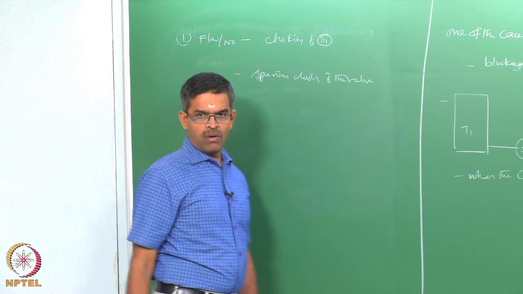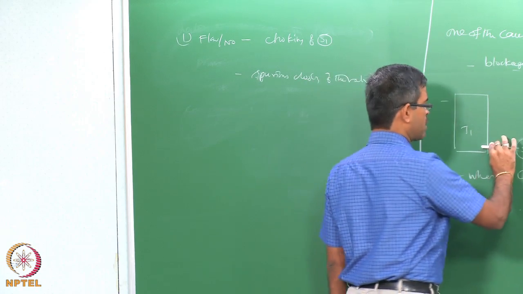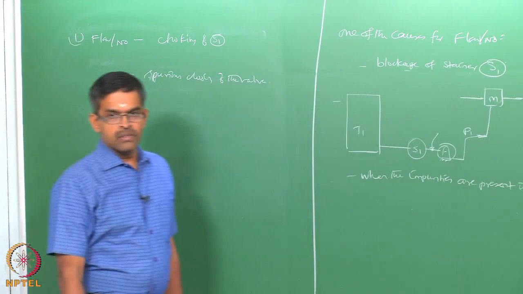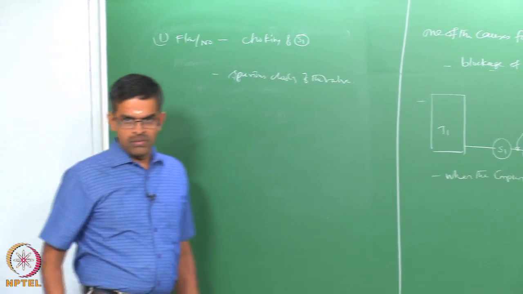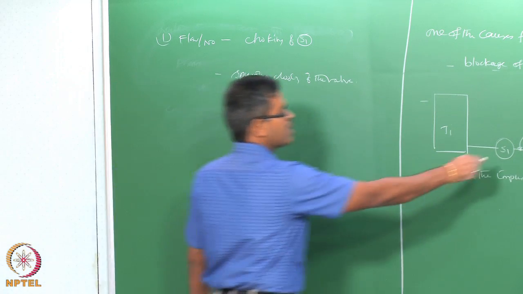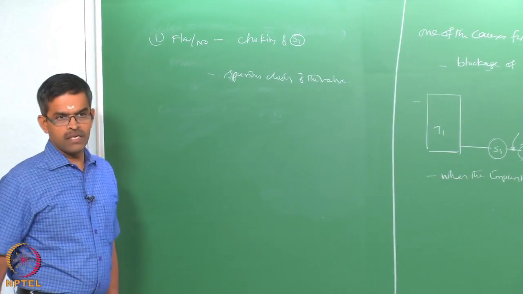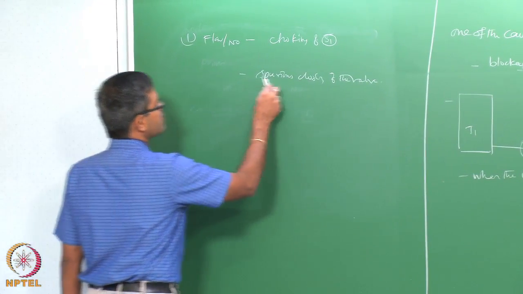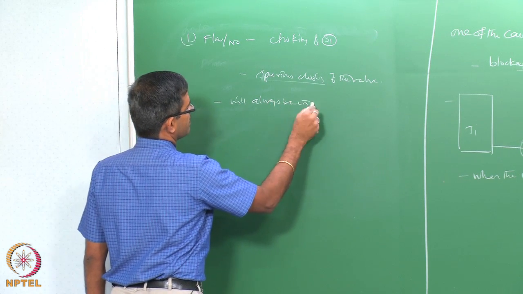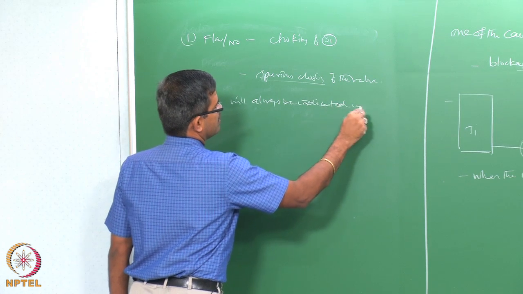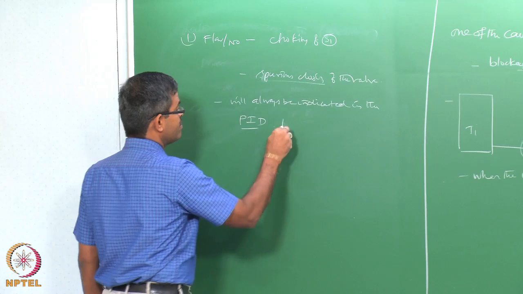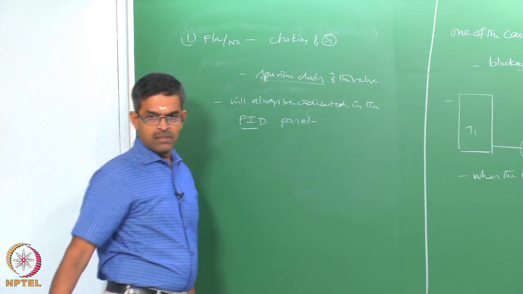because there will be a control valve which will exit the liquid from tank T1 and pass through the strainer to the pump P1. So, if you mistakenly close this valve spuriously, then you can always say there is no flow in the line. But incidentally and interestingly, any spurious closing of the valve will always be indicated in the process instrumentation diagram panel which is present in the board.